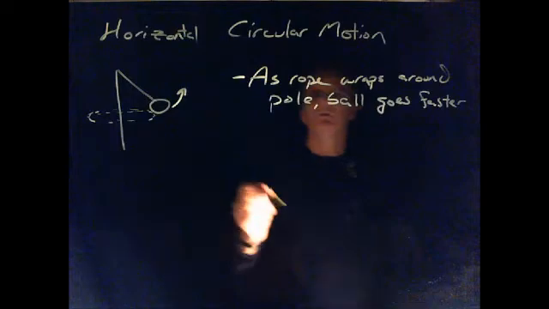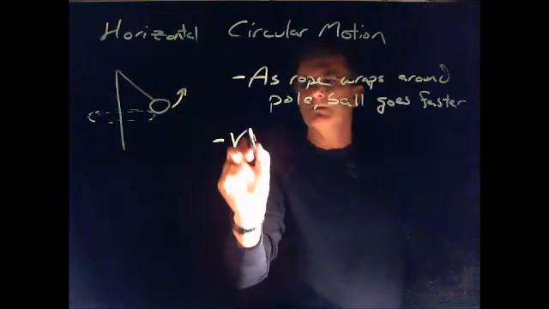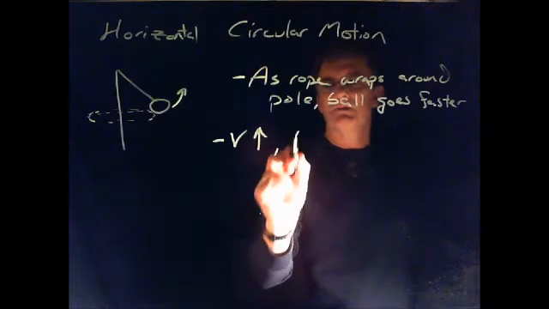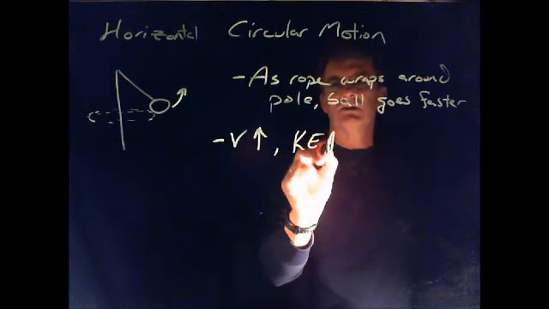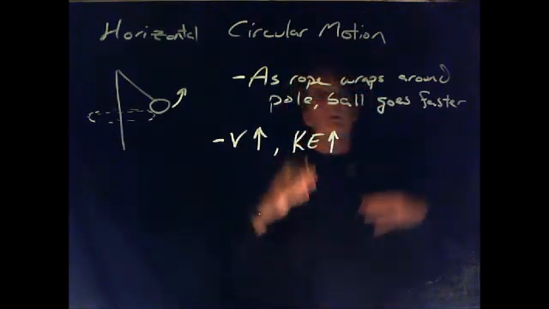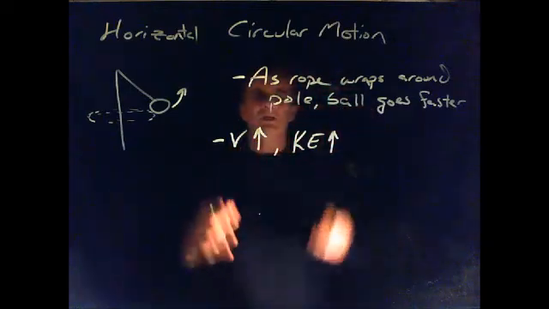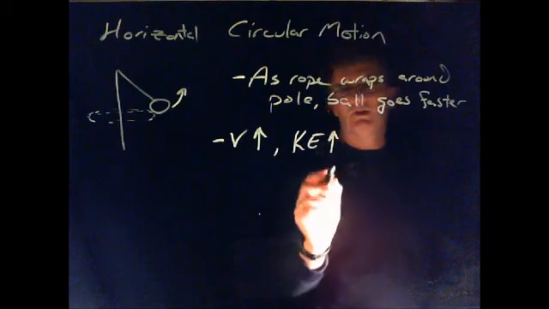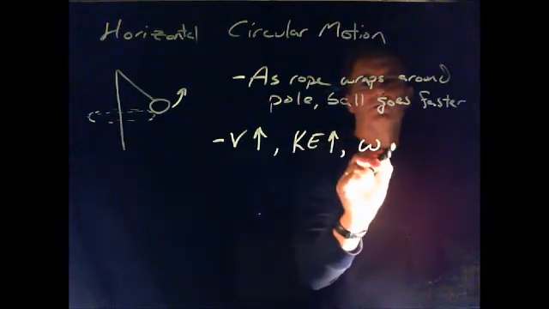So if the ball goes faster, that means velocity is increasing. If the velocity is increasing, kinetic energy is increasing. The only way we can change an energy level is to do work. And so if kinetic energy is increasing, work is being done.